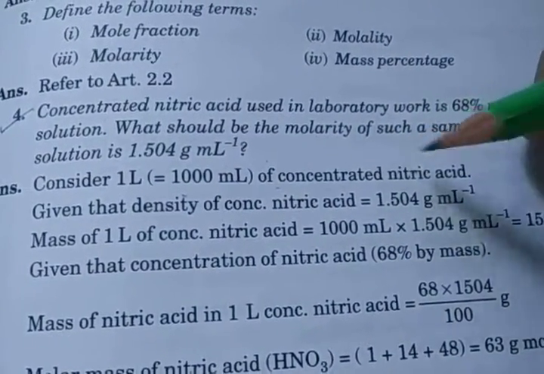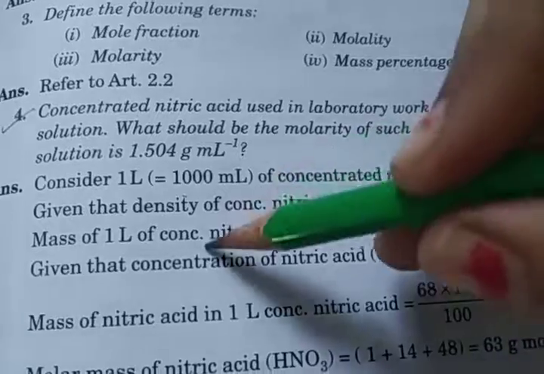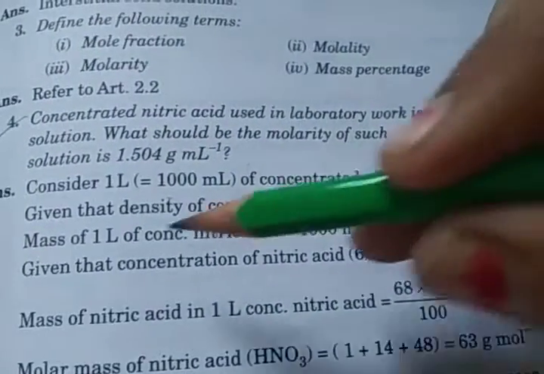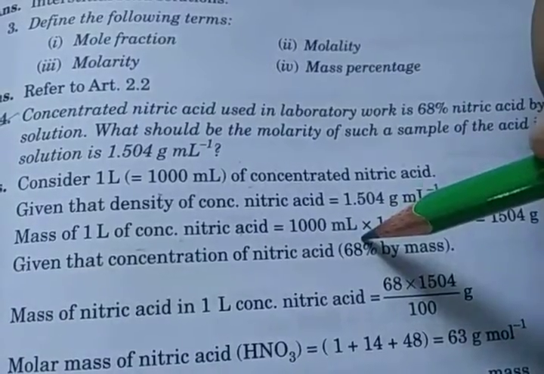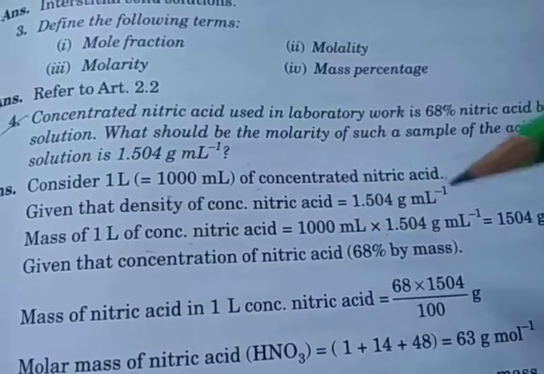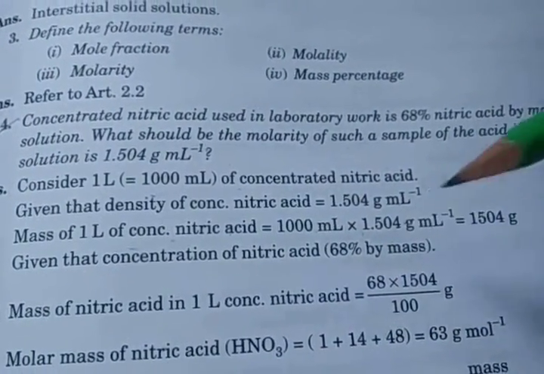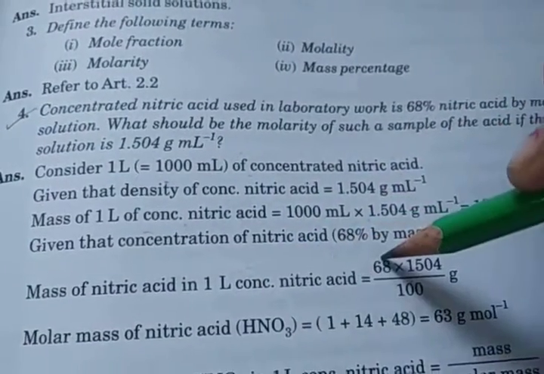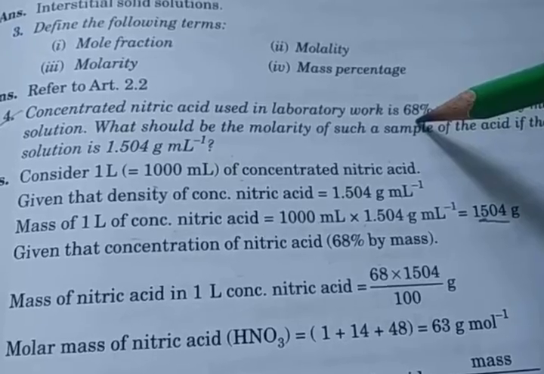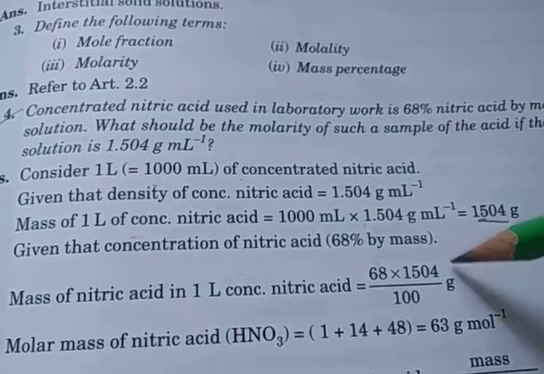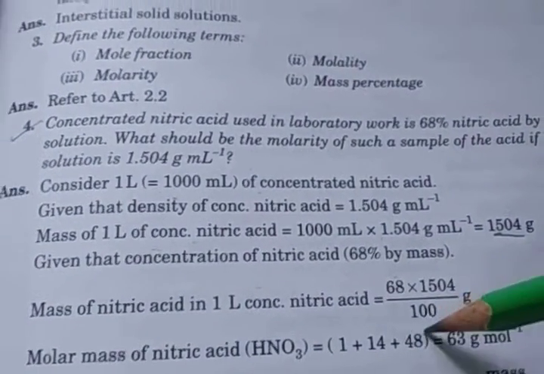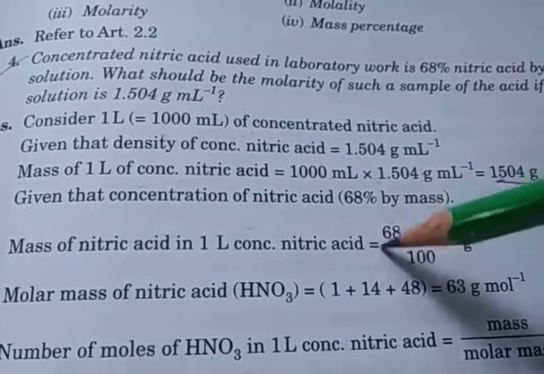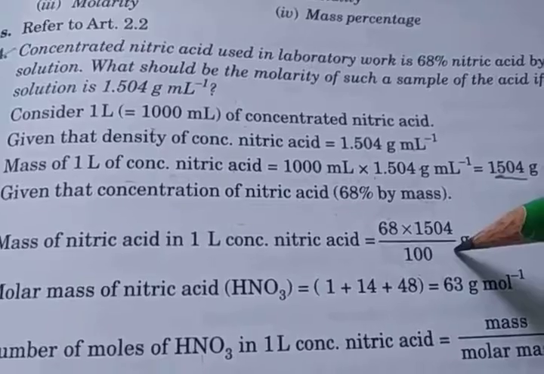The given density is 1.504 gram per ml, so 1 liter of concentrated nitric acid converted into ml is 1000, multiplied by the density, gives the mass. The concentration of nitric acid is 68% by mass, so 68 into 1504 divided by 100 is the mass of nitric acid in 1 liter of concentrated nitric acid.